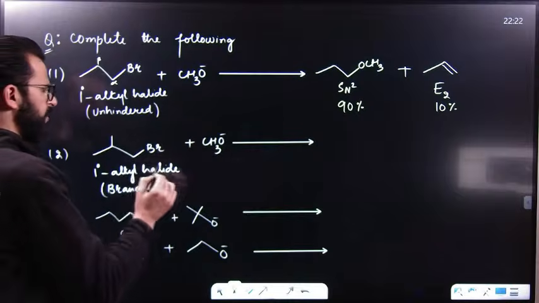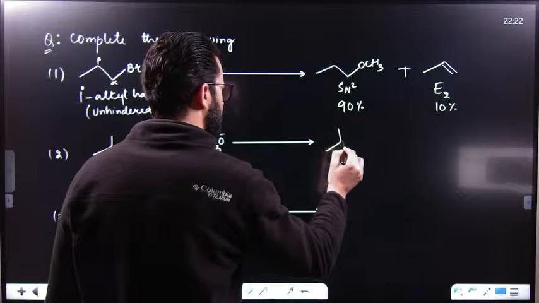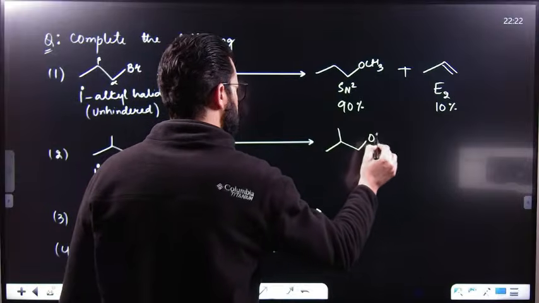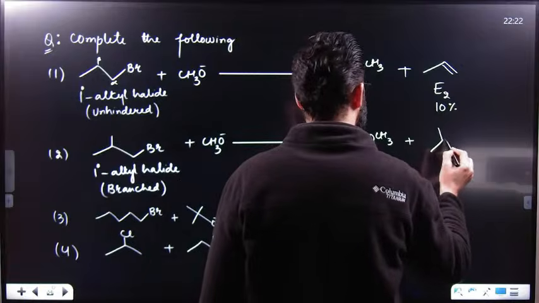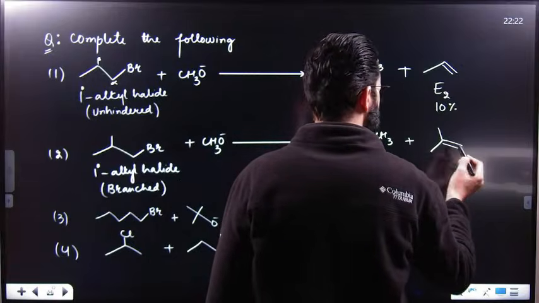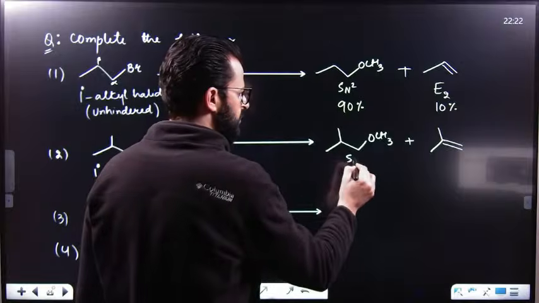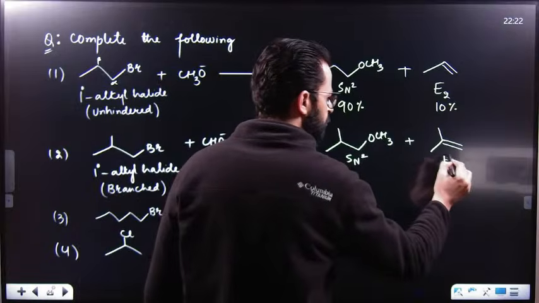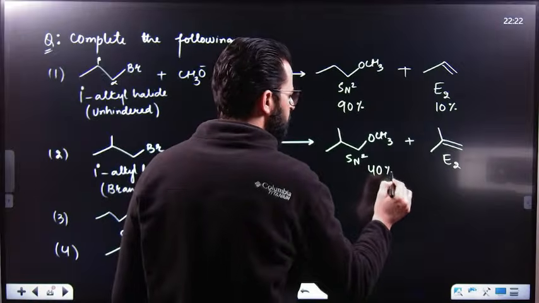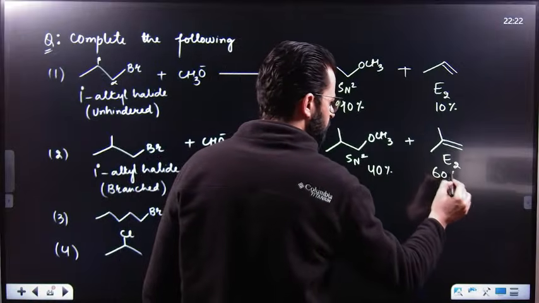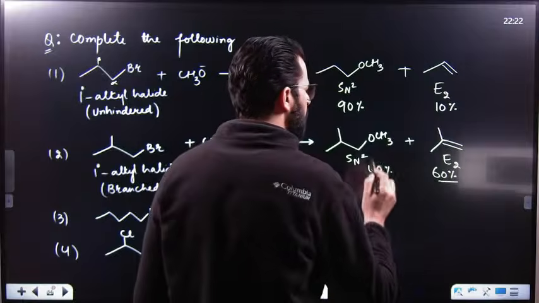At that time, if it acts like a nucleophile, its product will be like this. But if it acts as a base, then the product will be like this. That means this will be SN2 reaction, this will be E2 reaction. But at this time, this is only 40%, this will form 60%. That means this will be major and this will be minor.